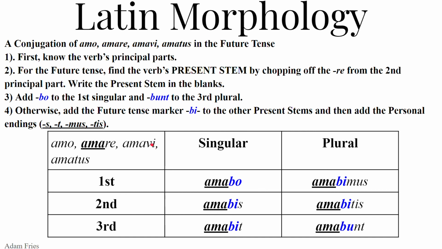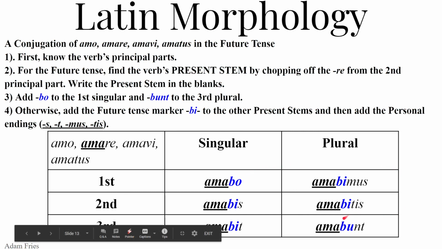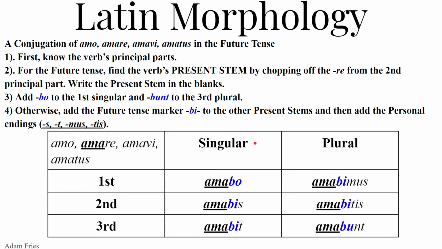Then go ahead and do this. Add bo, B-O, and bunt, B-U-N-T. Bo to the first person singular and bunt to the third person plural. So we get amabo in the first person singular and amabunt in the third person plural. For the rest of the forms, add the future tense marker bi, not ba. Ba was for the imperfect.